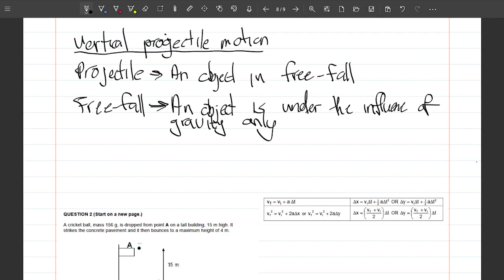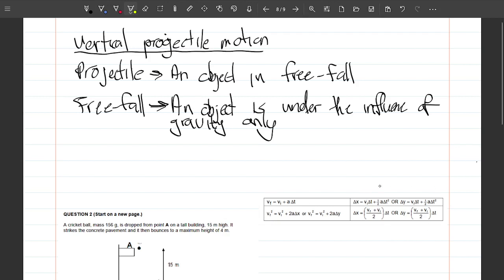That's the idea. So all these general calculations for vertical projectile motion, we mainly use our equations of motion. Now note to self that this is vertical projectile motion, not horizontal. So we won't be working with the values that have x.